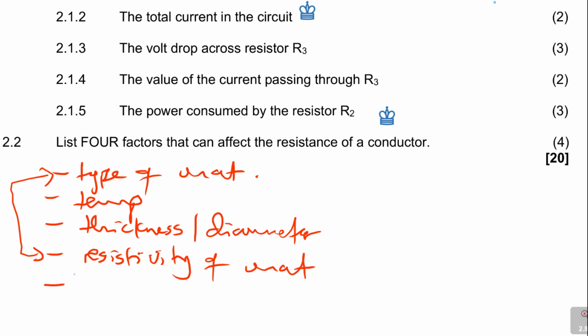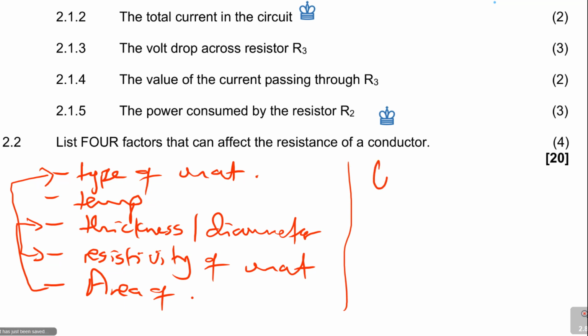And what's the other one? Say thickness or area of the material. Remember, I think it's linked to that thickness. I'm trying to think of the 4th one. The resistance of a conductor is the resistivity of the material, the thickness, the length of material.